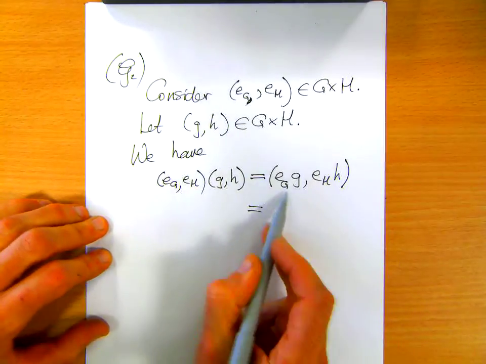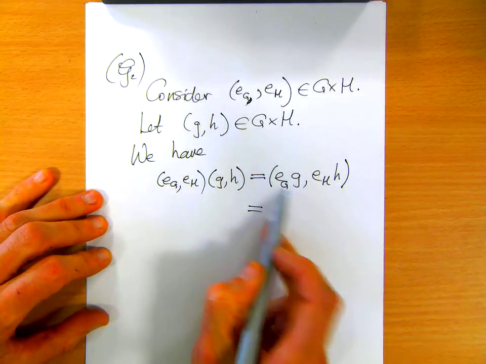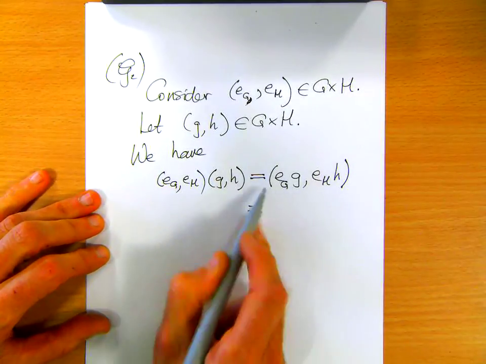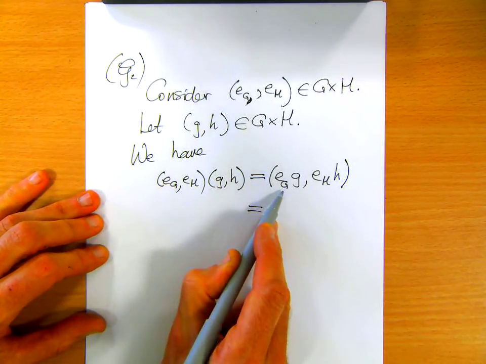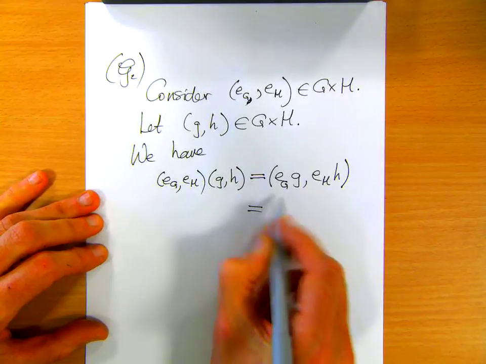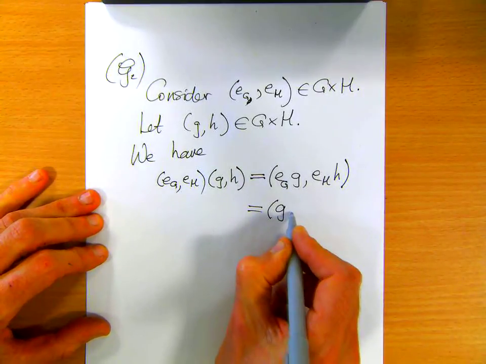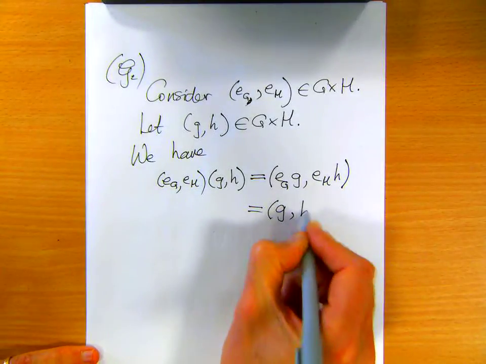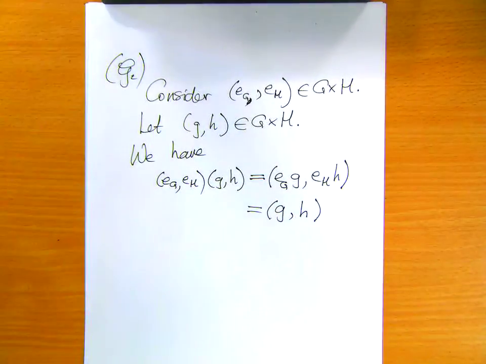And as soon as we've got to here, we're just working in big G in the first slot and in big H in the second slot. So we've got the identity element of big G times an element of G, so that just gives the element back. And similarly we get h here. So that's using the identity element properties in G and H separately.